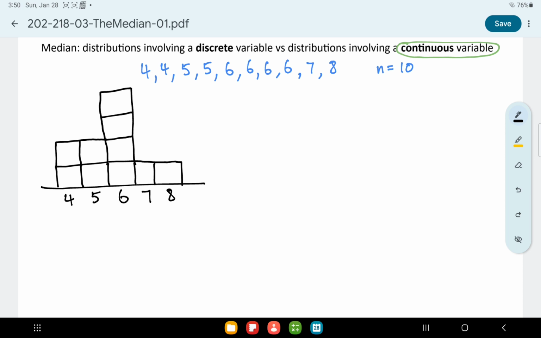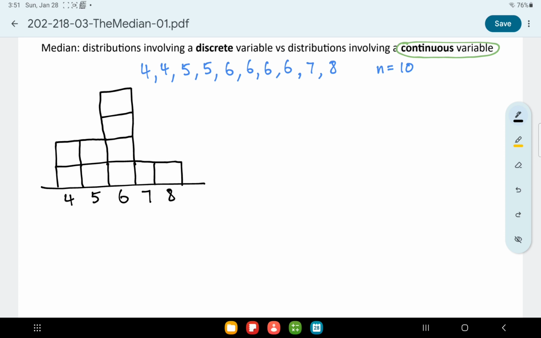So 4 showing up twice, the number 5 showing up 2 times, 6 showing up 4 times, 7 1 time, and 8 1 time. Keep in mind, our conversation now is to deal with this distribution as representative of a continuous variable.